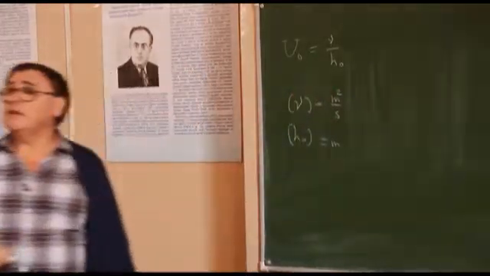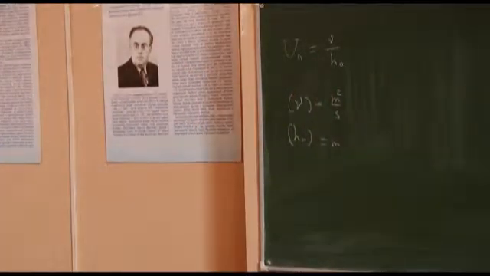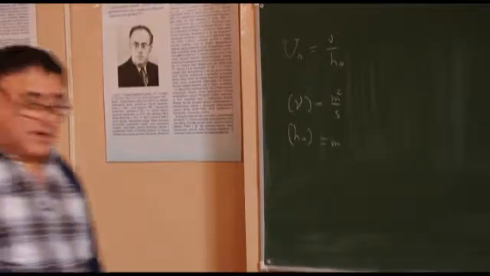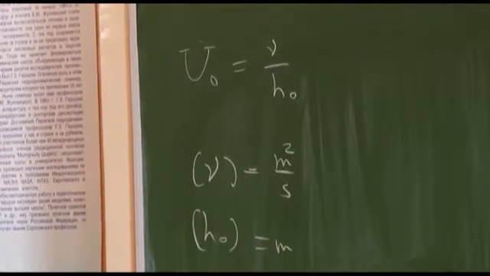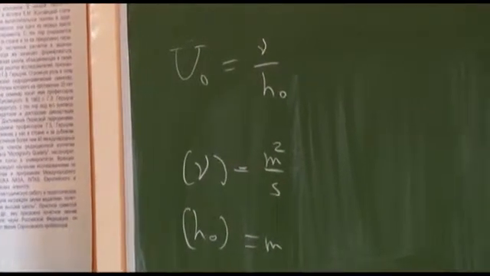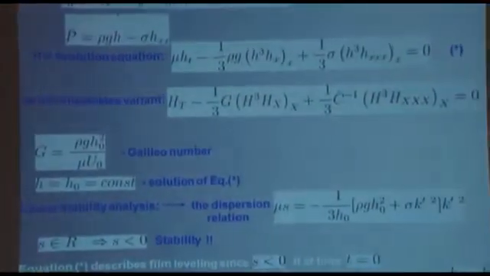If you plug it in, you have units of velocity, and this is what's called the typical viscous velocity in the film, or in the fluid system. Here we don't need to specify this U0, but if we need to make a decision, this is definitely one of the good candidates.